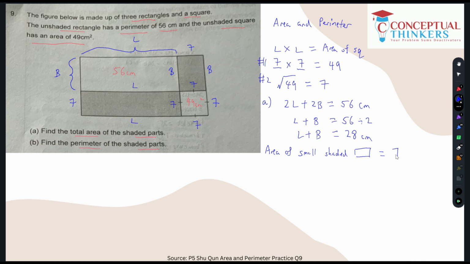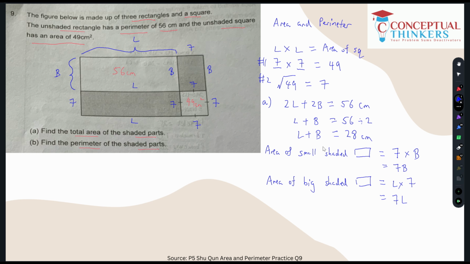So I'll take 7 and I multiply by the breadth, which is B. So this will give me 7B for area of the small rectangle. Okay, so now if I look at the area of the big shaded rectangle, I will be taking L, which is the length, multiplied by the breadth, which will be 7. So this will give me 7L. Okay, so this will be the area.